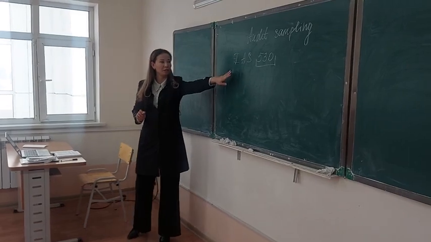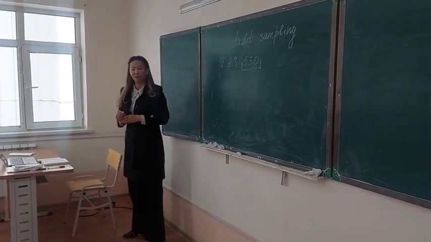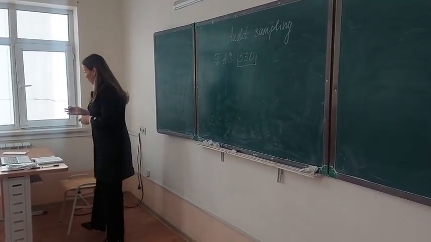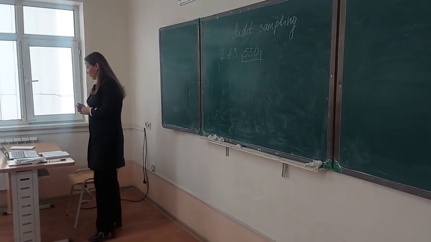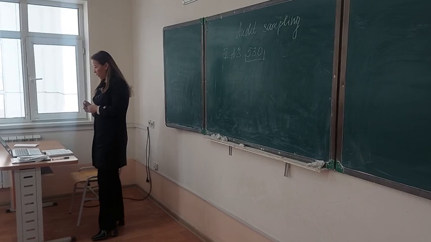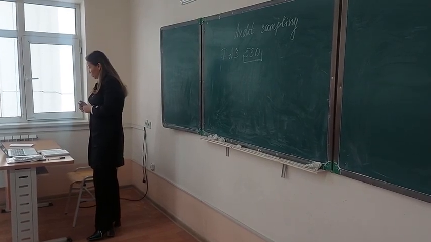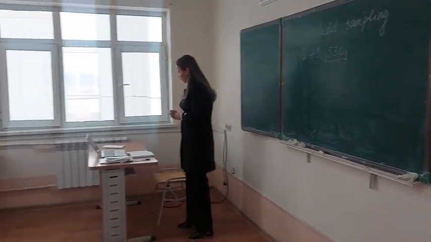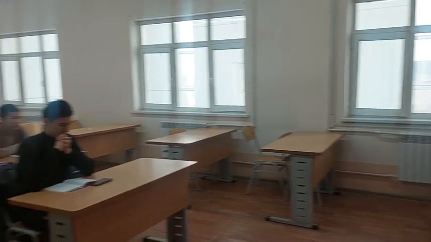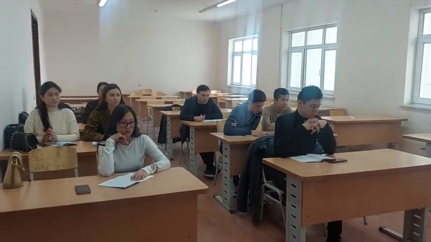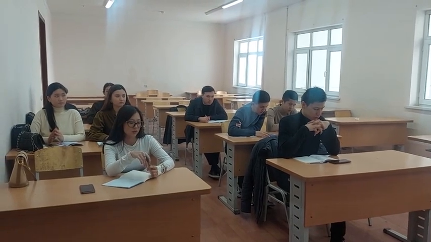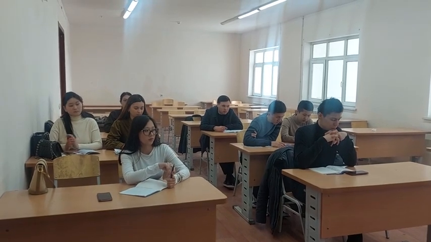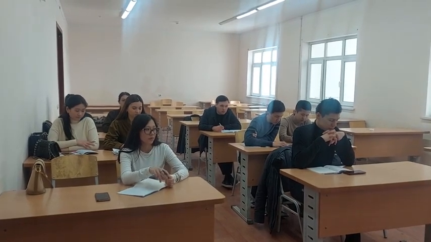According to International Standard on Auditing 530, audit sampling is defined as a process which includes the application of audit procedures to less than 100% of items within a class of transactions or account balance, such that all sampling units have a chance of selection.